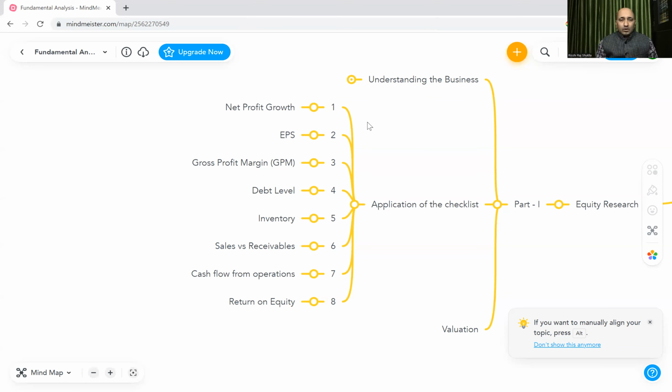Cash flow from operation is also a very important parameter and it must be positive in all circumstances. Cash flow from investing may be negative. We have to analyze why it is negative, or from expenses we can see how it is going. More important is that cash flow from operation must be in a positive trajectory all along.